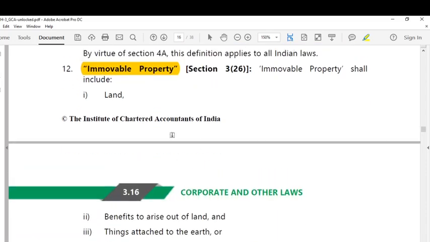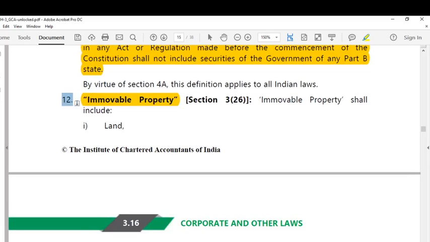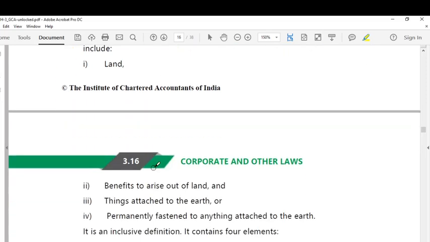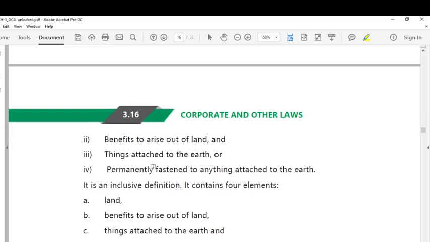Immovable property. This is very important because it is a financial term that will come up very repeatedly. Immovable property shall include land, benefits arising out of land, and things attached to the earth or permanently fastened to anything attached to the earth. It is an inclusive definition.